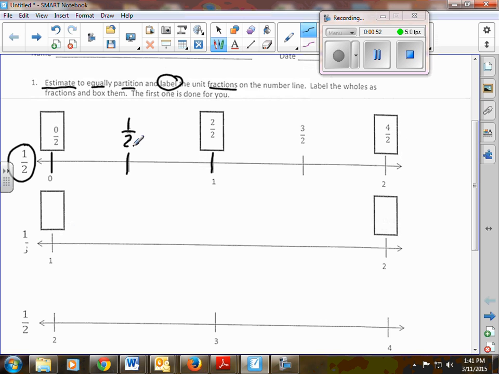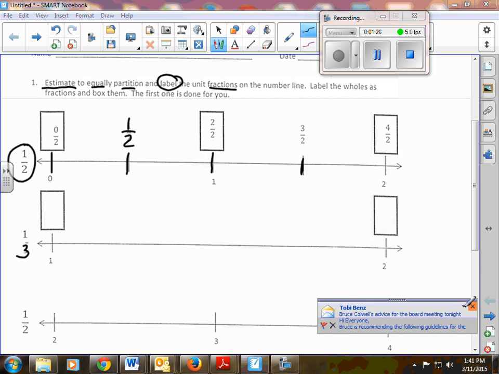So that is equally partitioned between 0 and 1 whole. 1 whole is 2 halves, okay? And then between the 1 whole and 2 whole, you also have 1/2. And if 2 halves are 1 whole, the next divider line would be 3 halves and then 4 halves. So this is what you're going to do on your own, okay?